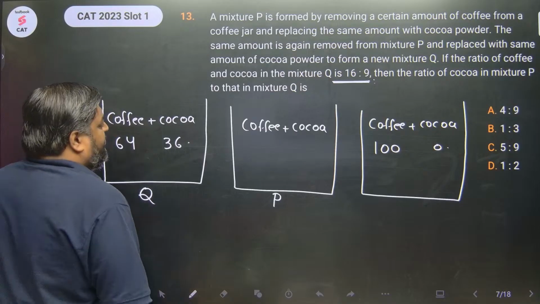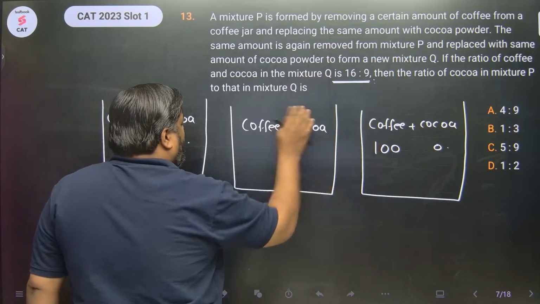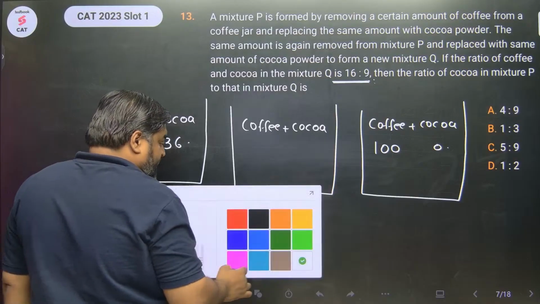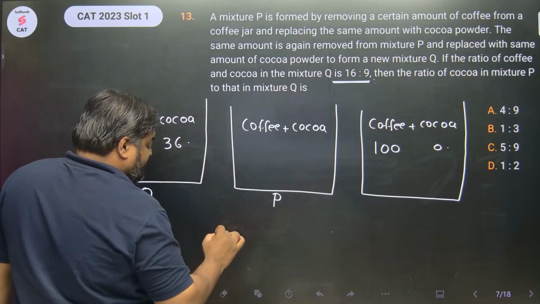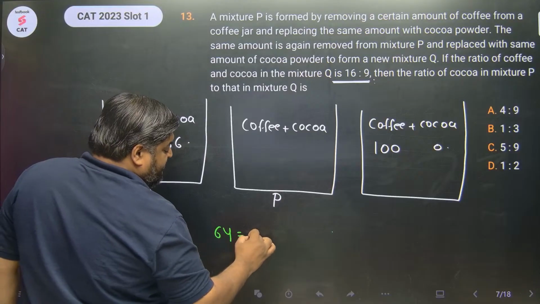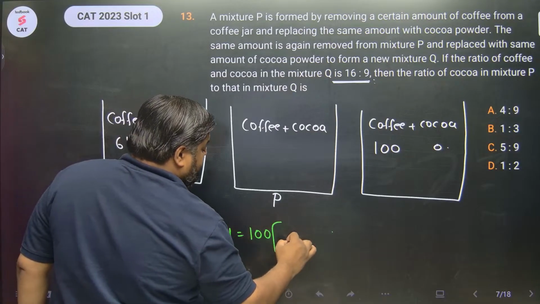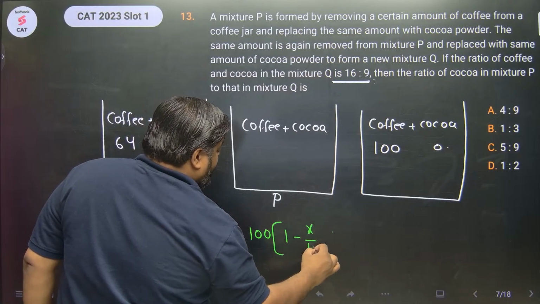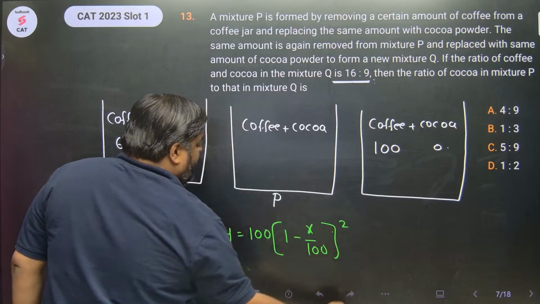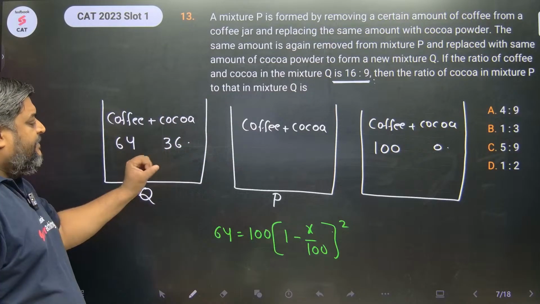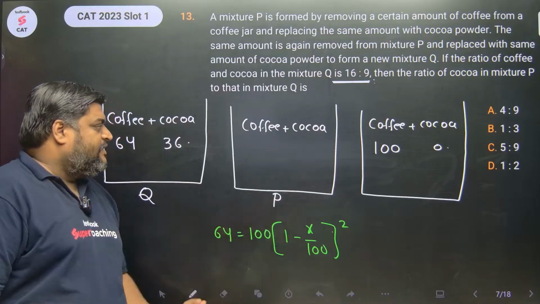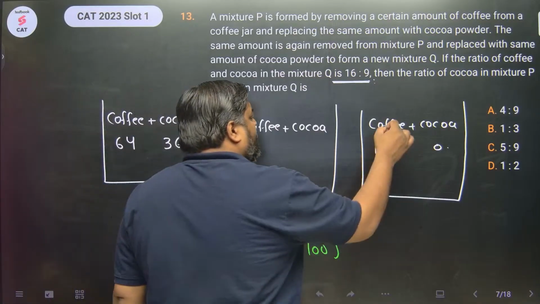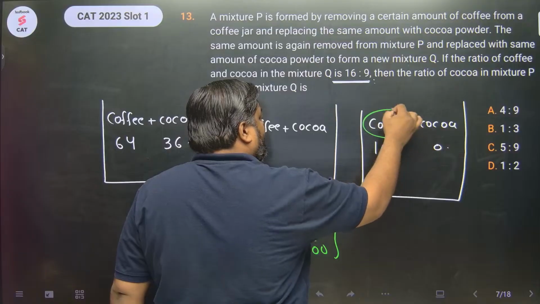अब देखो हम लोग रिमूवल एंड रिप्लेसमेंट का फॉर्मूला लगाएंगे कॉफी के ऊपर. सो आई कैन से दैट amount left which is 64 is equal to 100 times (1 minus x by 100) whole square. है ना? We are applying the removal and replacement formula which is also called dilution formula on the coffee.